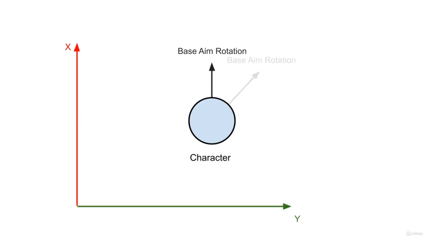Now if we rotate our aim a little bit so that we're aiming slightly off to the right, maybe 45 degrees away from the X direction, then this is what our base aim rotation looks like. Now our base aim rotation has a value depending on where we're aiming relative to the world axis. For example, if we're aiming in the direction indicated on this diagram, which is approximately 45 degrees away from the world x-axis, then our base aim rotation would be 45.